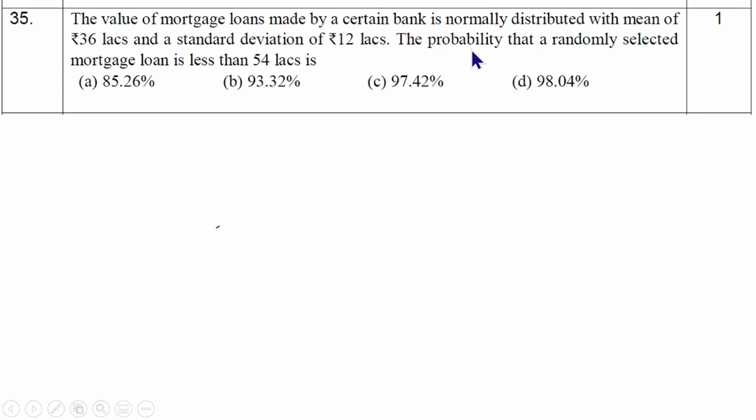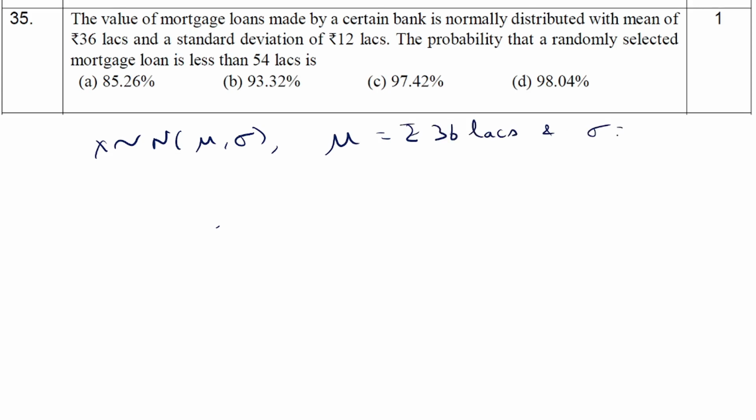We need to find the probability that a randomly selected mortgage loan is less than 54 lakhs. So here x follows normal, mu comma sigma, and mu is rupees 36 lakhs and sigma is rupees 12 lakhs.